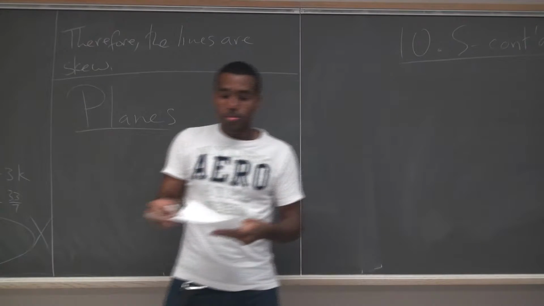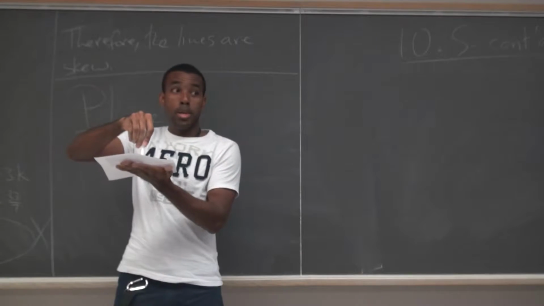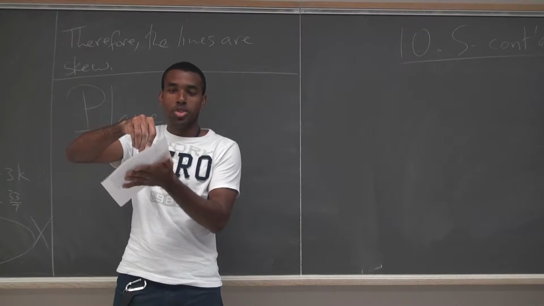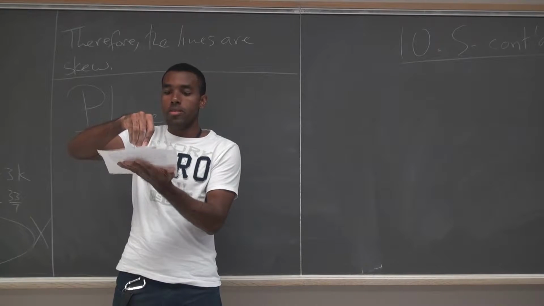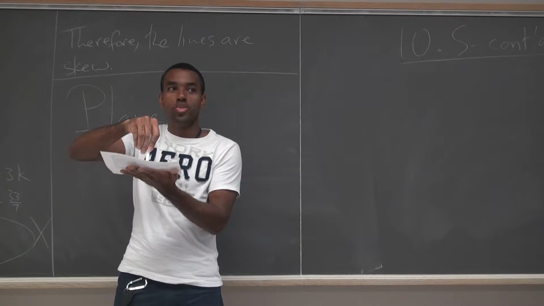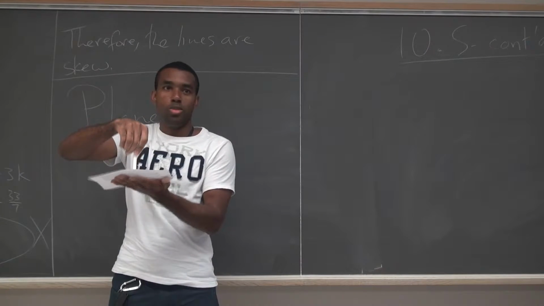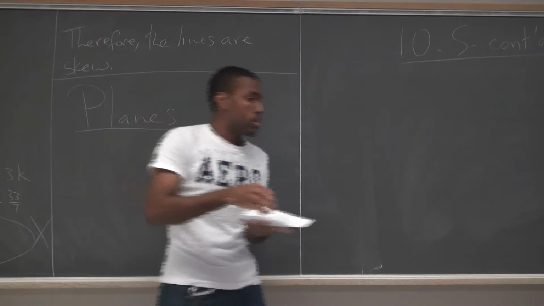What happens though, what if I knew a vector that was orthogonal to the plane? How many planes do that? Only this one, right? Because as soon as I start to tilt this guy, it's not orthogonal anymore, right? So if I know a vector that's orthogonal to the plane, I can uniquely identify the plane once I know a point it passes through. Because there will be only one plane that is orthogonal to this that passes through a given point. Right?